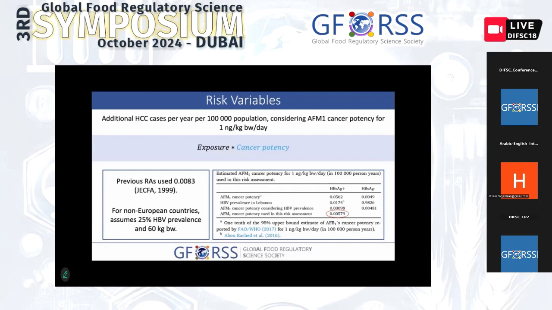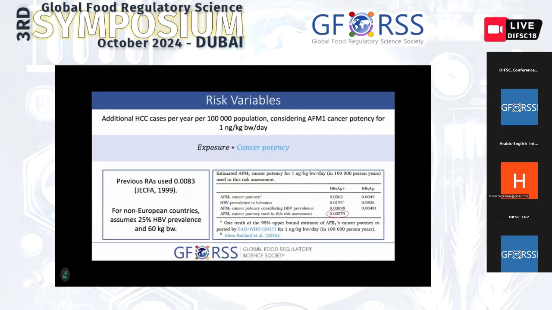We can already tell that a body weight of 60 kilos is not going to work in our case, based on the data I just showed you in the figure just before. And also, the prevalence of hepatitis B virus in Lebanon is much lower than 25%. It's actually only 1.74%, according to a study from 2016. So we can definitely fine-tune or adjust this value to be more representative of the Lebanese case.